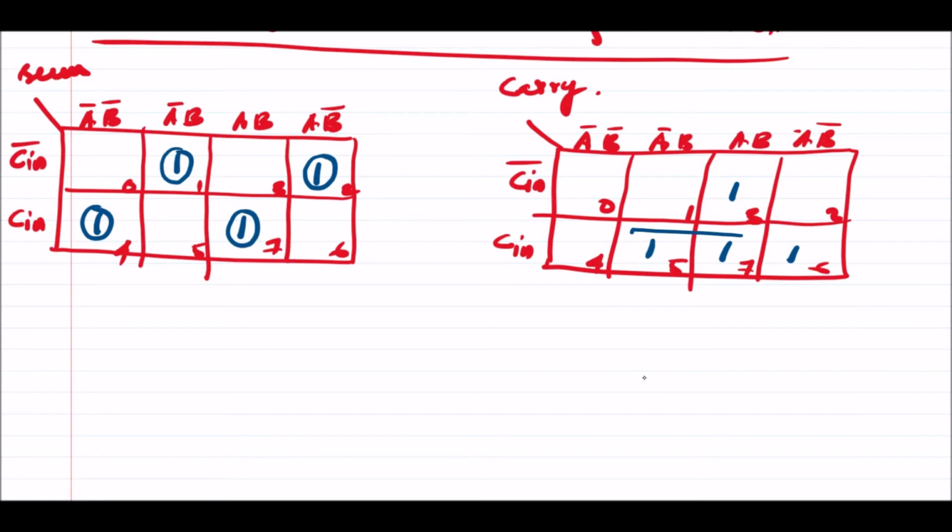We have the group of 2, which is called a pair. This is a group of 2, one pair, and this is the third pair.